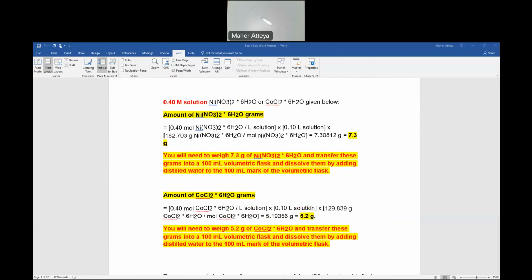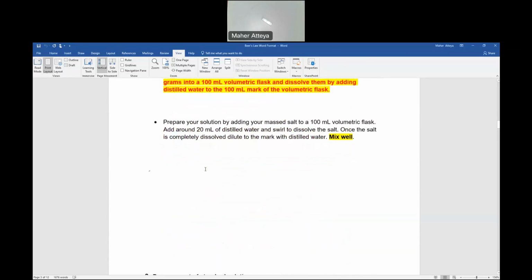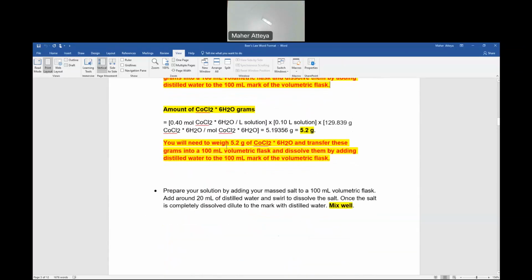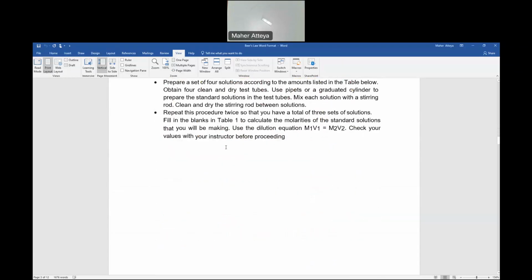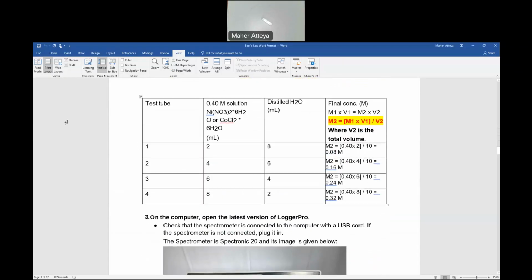This is your stock solution. The same thing you do if you have the green one, the nickel one: you take 7.3 grams in 100 mL. Correct, guys? So now this is your number one solution. Then you have to prepare another 4 extra ones. How many now? We have 5.